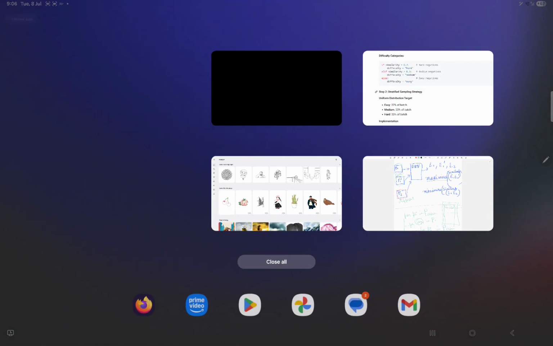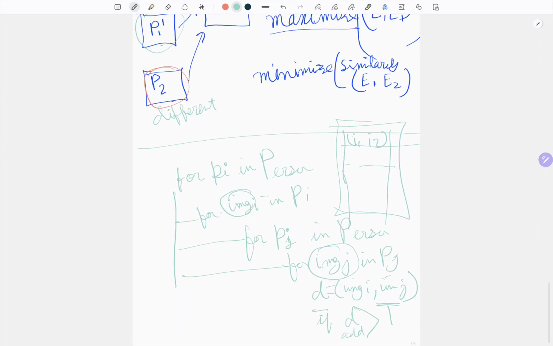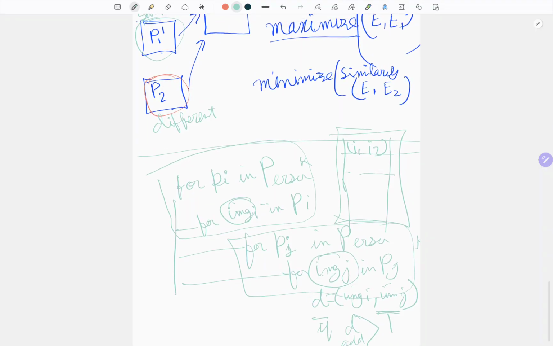So this data mining alone takes, suppose this one has k images, this one has k images, and this is quadratic just for data mining, and the embedding computation takes almost d time, so it is computationally expensive.